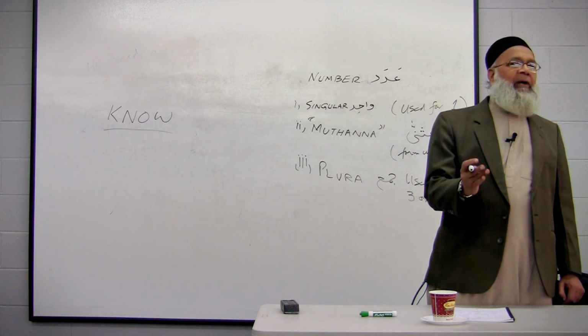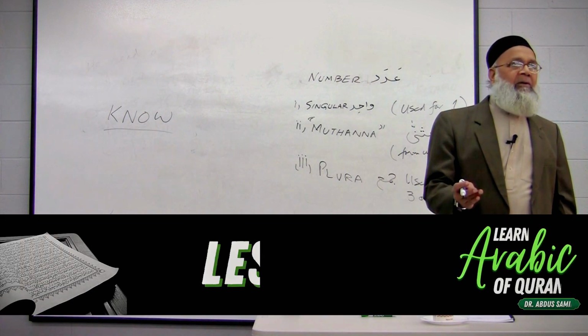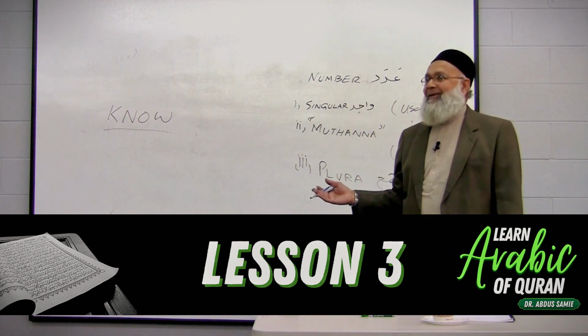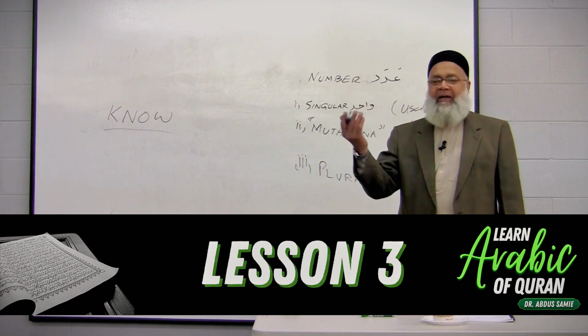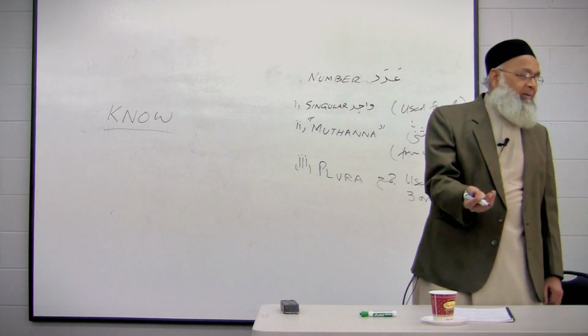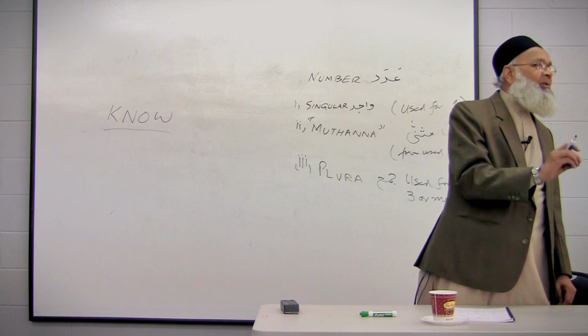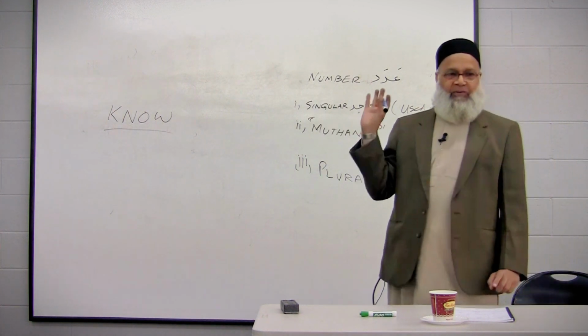Know, knew, known, knowing, knowledge, knowledgeable, and that's it. Known is both third form as well as object. And I don't think you have an 8th or 9th derivative from this.